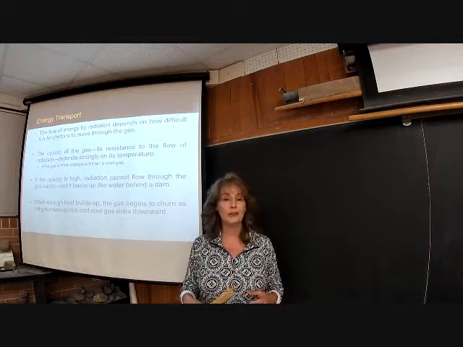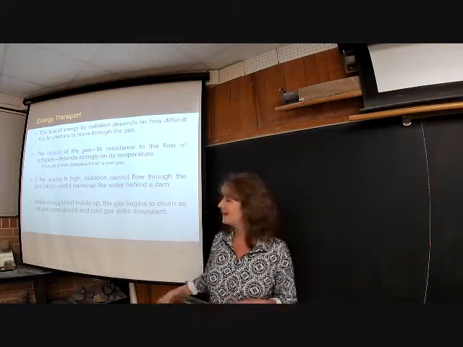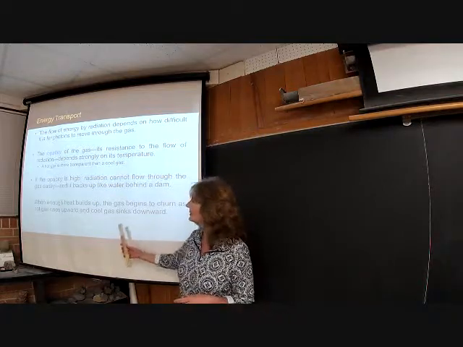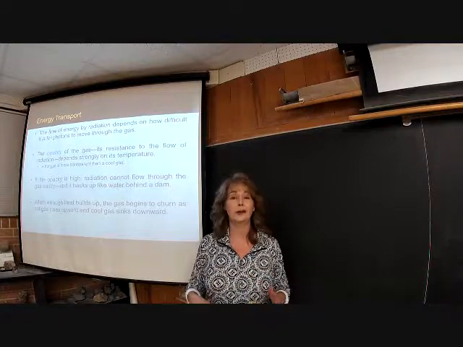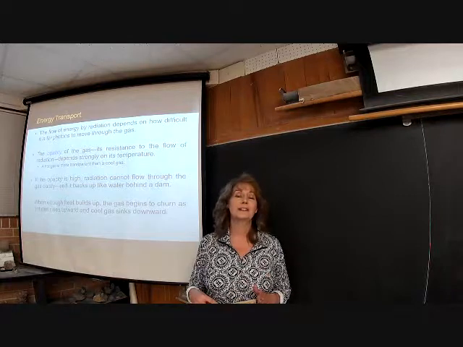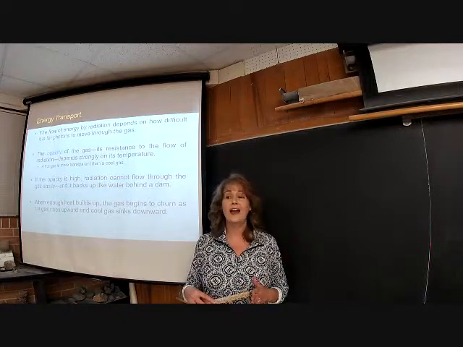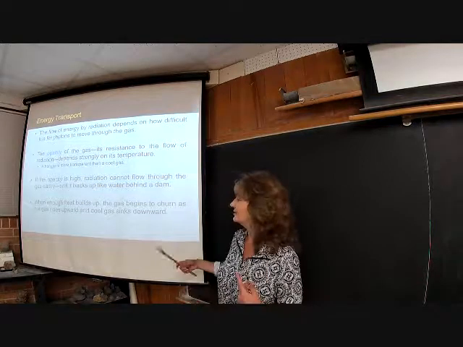But eventually, when you get enough heat built up, enough pressure behind it, the gas begins to churn, and then we set up this next flow called convection. We looked at convection when we looked at our star, the sun, at its surface region, where you start to get this churning happening.